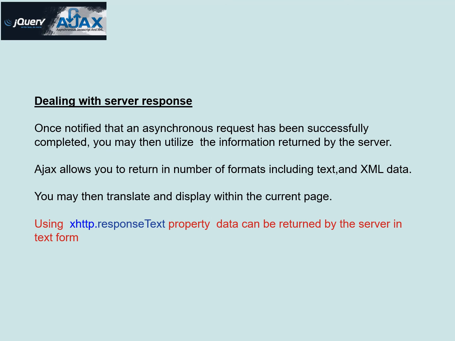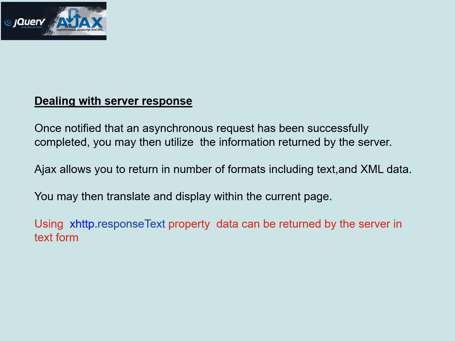The XMLHttpRequest object is used for sending requests from the client to the server, and now we are discussing the response object. Once the request is sent from the browser to the server, we have to utilize the information that is returned by the server.